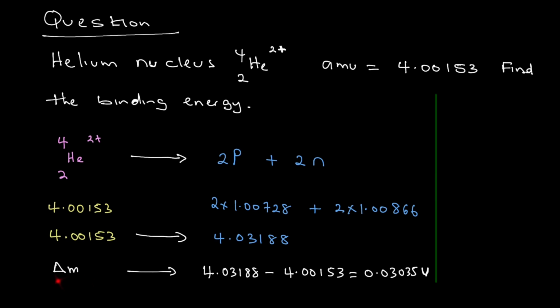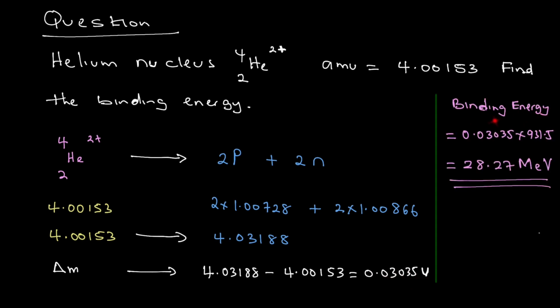So the difference between these two masses is 0.03035 U. So the binding energy is the difference in mass times the energy for 1 U, and that is 28.27 mega electron volts. That means the energy released when these protons and neutrons were taken apart is 28.27 mega electron volts.